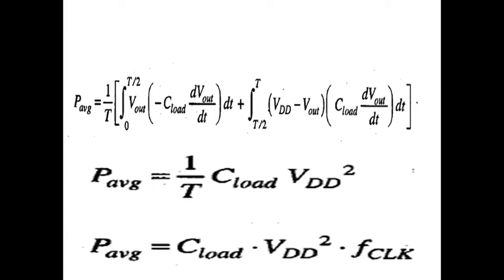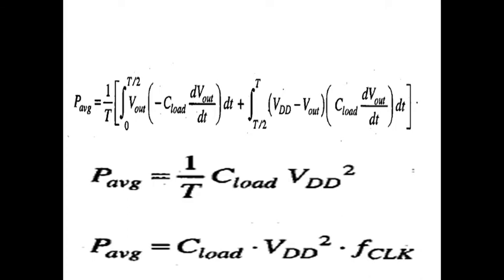plus the integral from T by 2 to T of (VDD minus V out) into C load dV out by dt into dt. So these have two integrations, one from 0 to T by 2 and the other from T by 2 to T. 0 to T by 2 shows that this is a discharging event, and that is indicated by the negative sign.